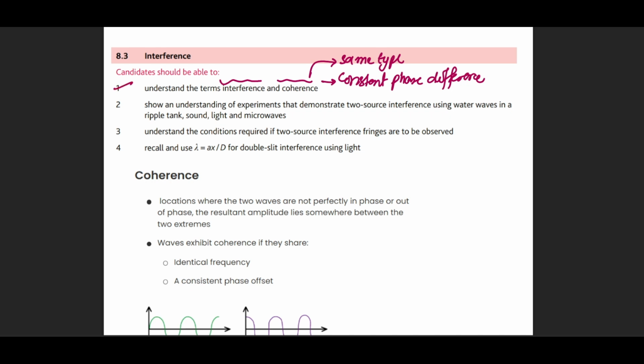The second part is going to be dealing with demonstrating two-source interference in water using sound, light, and microwaves. So you must be familiar with this. So what happens when you do this interference? First we see what a single source is going to look like. There are going to be circular wavefronts because of the single source.